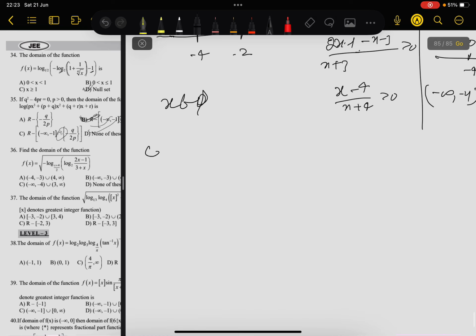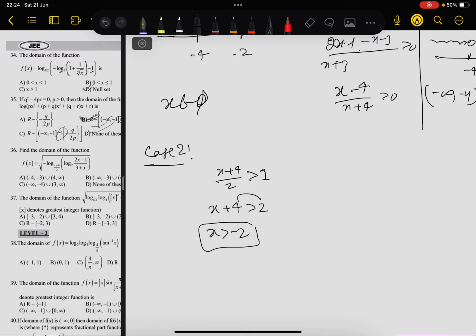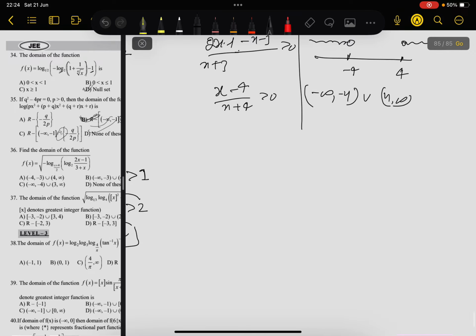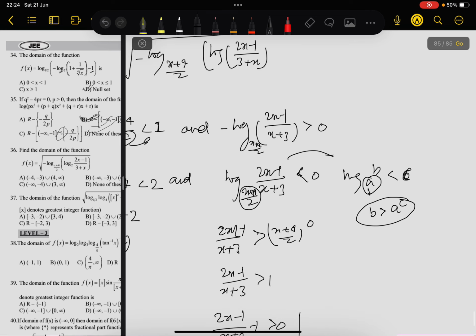Now let's see case 2 also, right? So for case 2, this time x plus 4 by 2 is greater than 1. So that means x plus 4 is greater than 2 and x is greater than 2 minus 4, that is minus 2. So if x is this one, again we can just pick the same expression here.